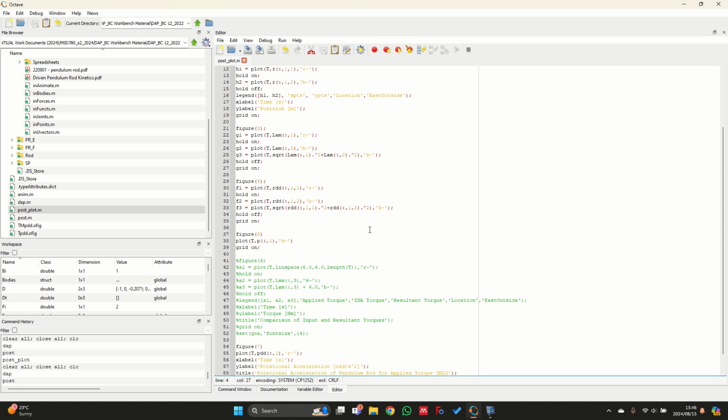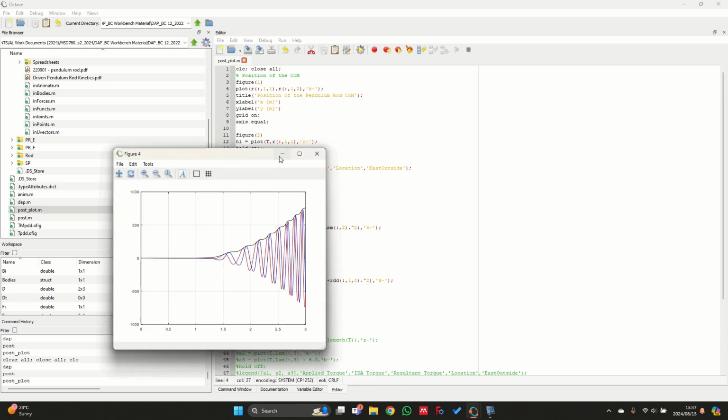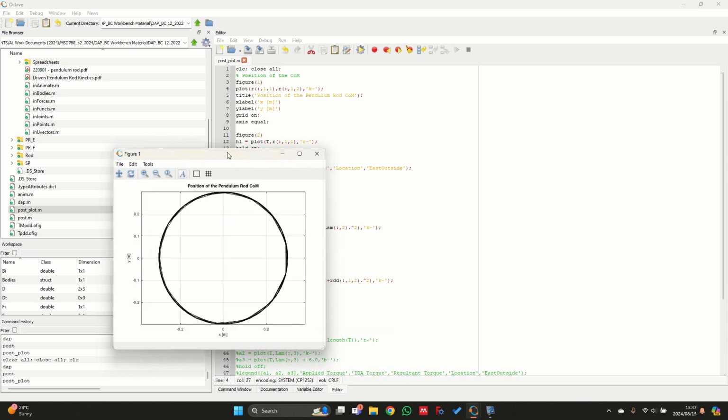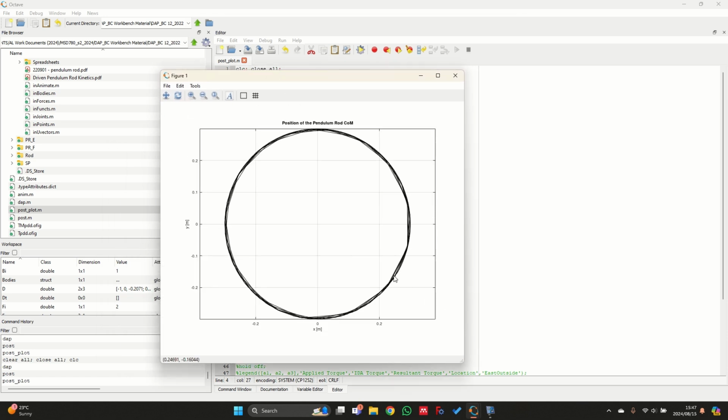And if I now run it, and we go back to figure 1, what you will see is these lines that lie on top of one another. So we can see there is some difference over here between the trace of the actual circle that the pendulum rod is following.